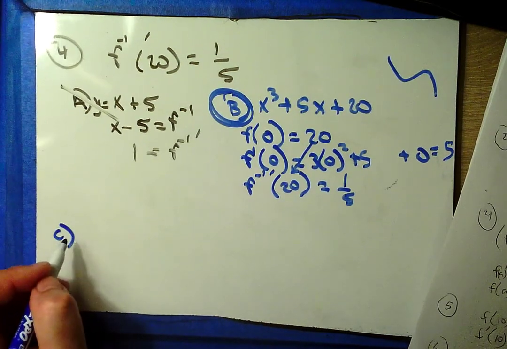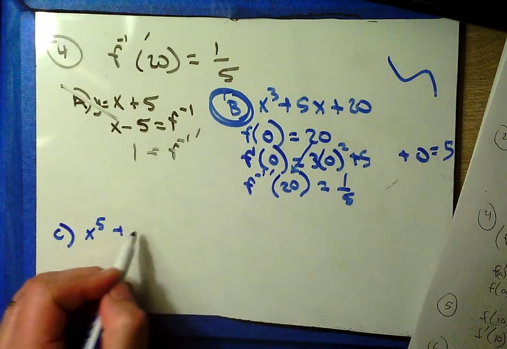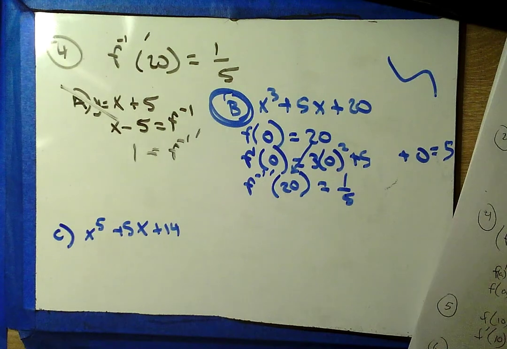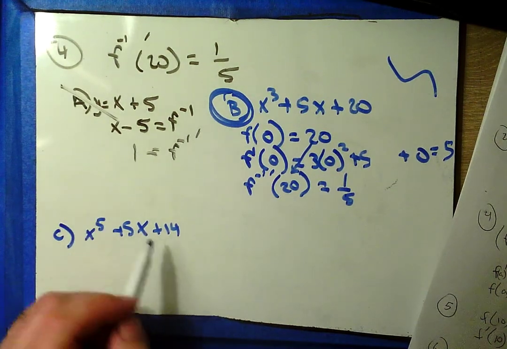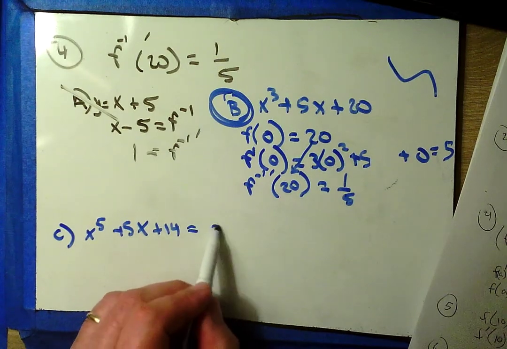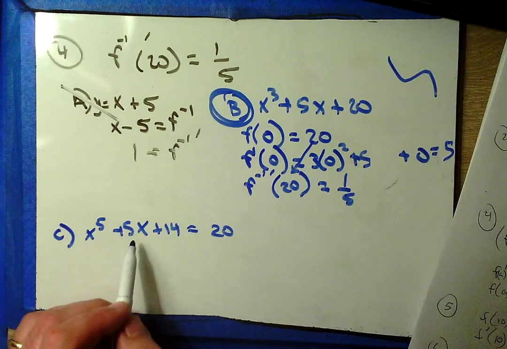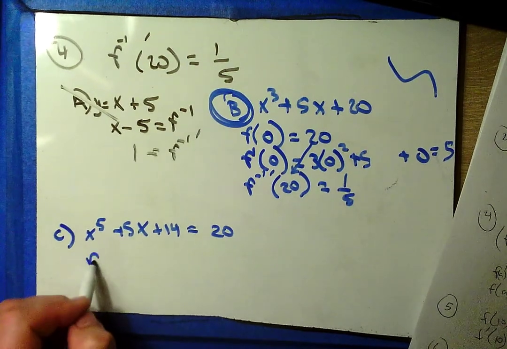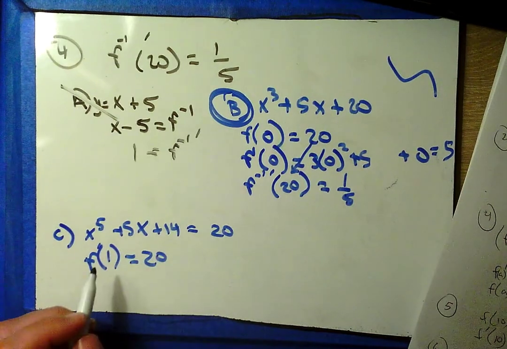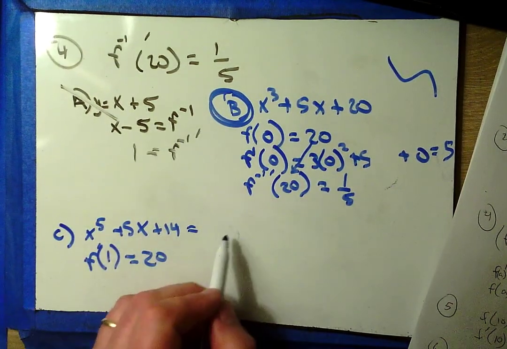C says x to the 5th plus 5x plus 14. So I'm looking and saying, is there a place when the output from this function is 20? And I've already got 14 here, so I would need 6 more. Oh, look, f of 1 is going to equal 20. Okay, so let's take the derivative of this.